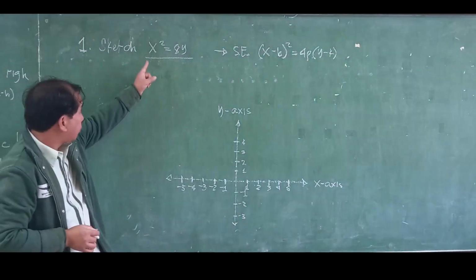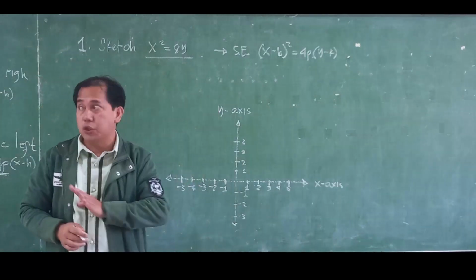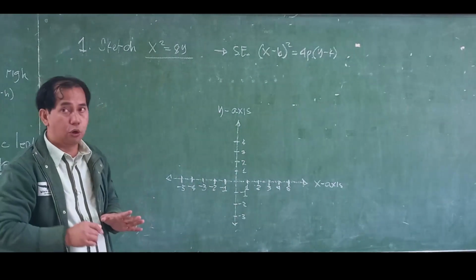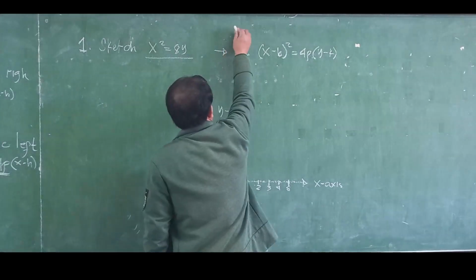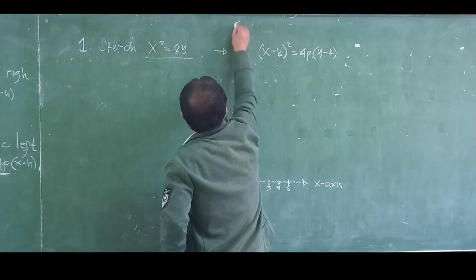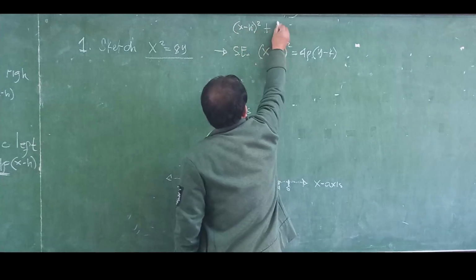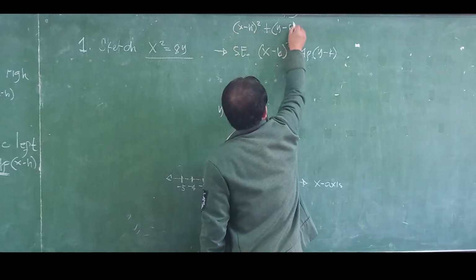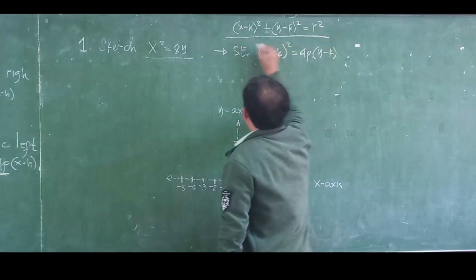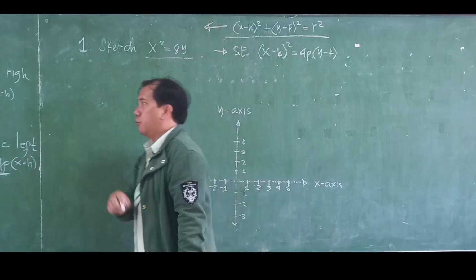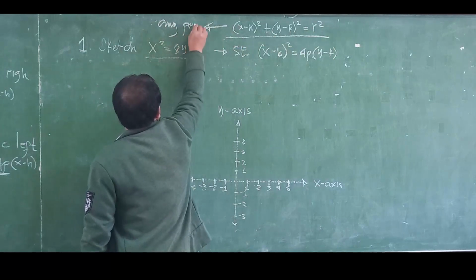It is because, if you remember, our circle has a standard equation. What are the standard equations we have in the circle? We have (x minus h) raised to 2 plus (y minus k) raised to 2 equals r raised to 2. We use this one if the location of the center is at any point.